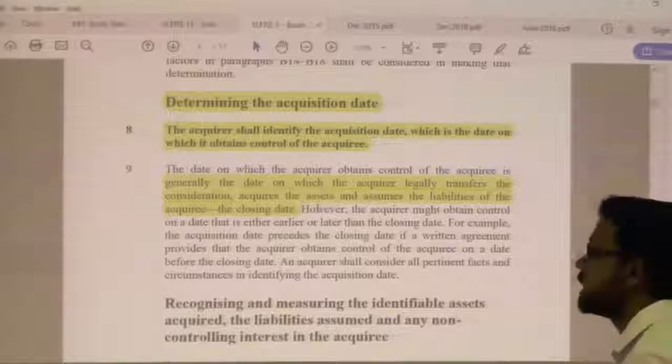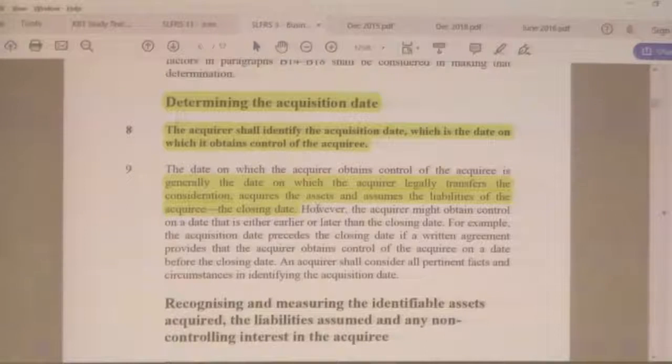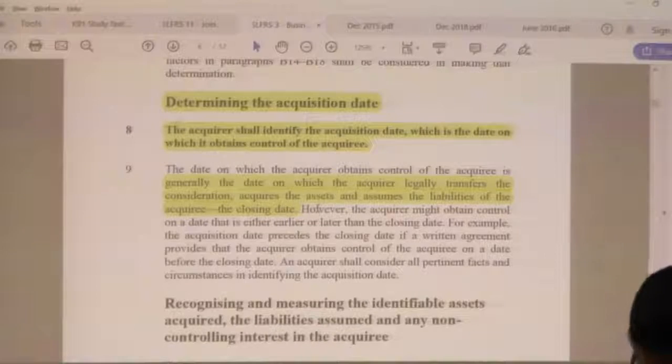So, that is the date. So, the date you acquired net assets of the acquiree, you can conclude as what? Date of acquisition, right? Basically, that should be the date you obtain control over the assets and liabilities of that company, right? Fine. Very simple, important.